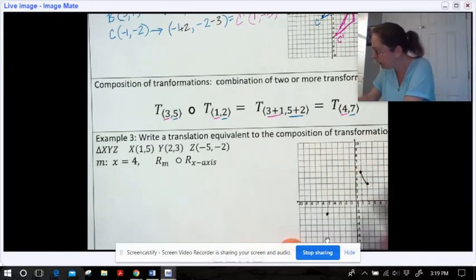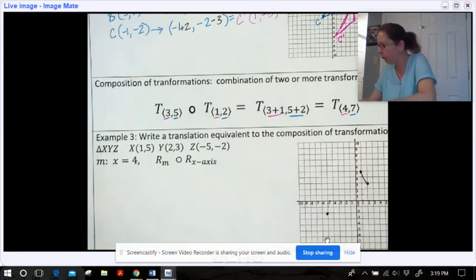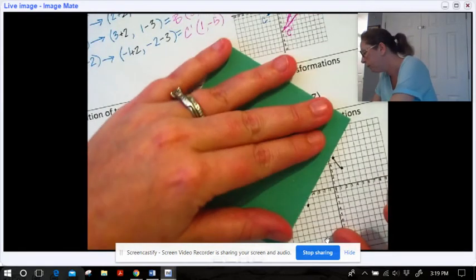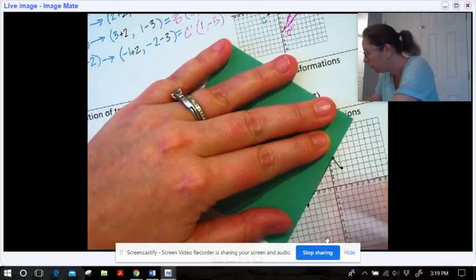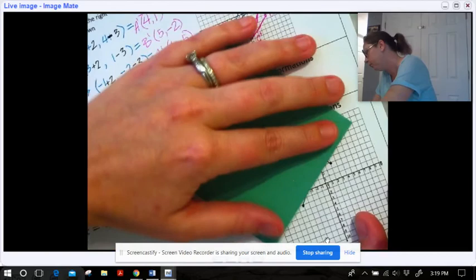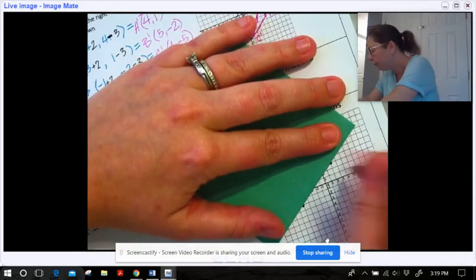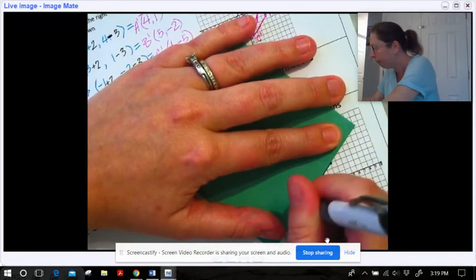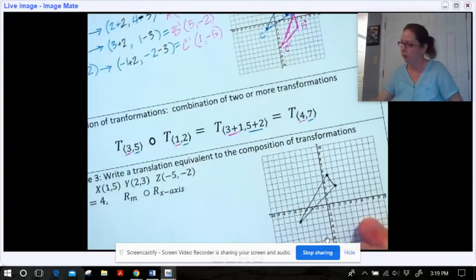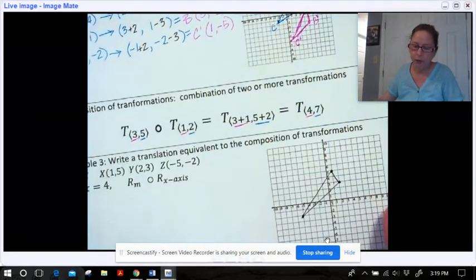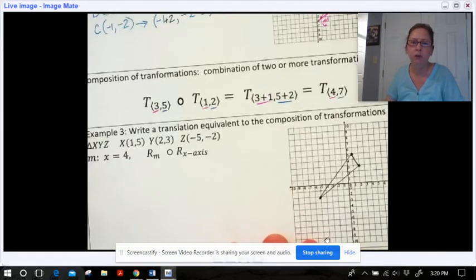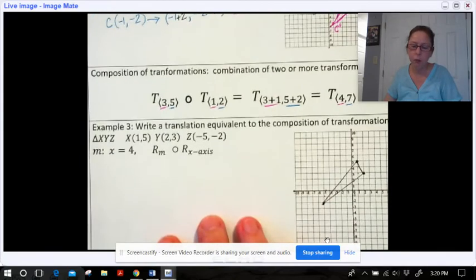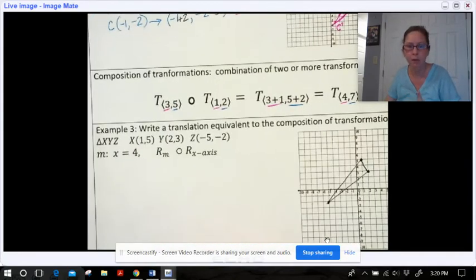And I am going to use my straight edge so that I can make it look more accurate. There we go. Okay. So what we are going to do now is we are going to have to do a composition of transformations. And we're going to do this via graphing.